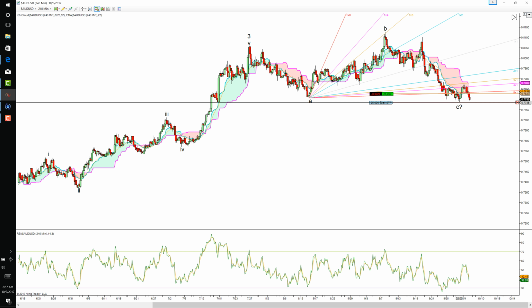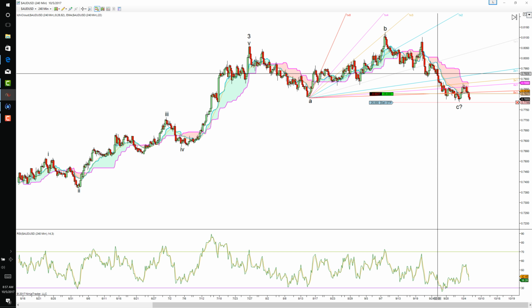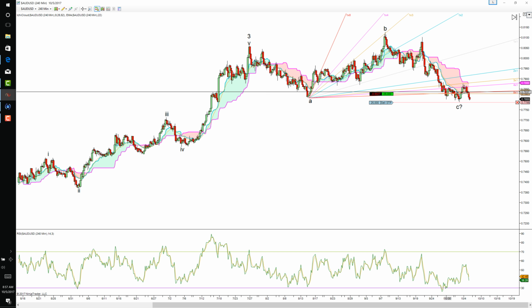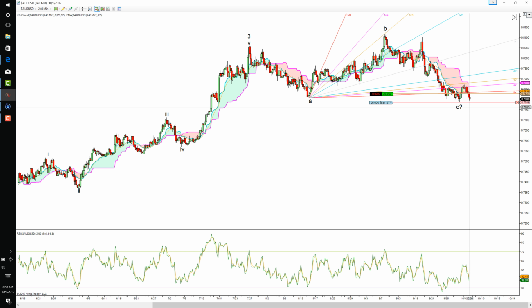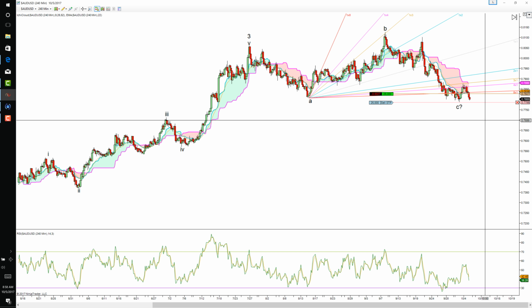So this was possibly 3, 4, and then 5 for C. This can be 4, or this can be 3. This could be A, B, C, 4, or this can be a triangle that's not completed yet. You'll see another little small move up. Price terminates here. That could be D, E, and then 5 of C.